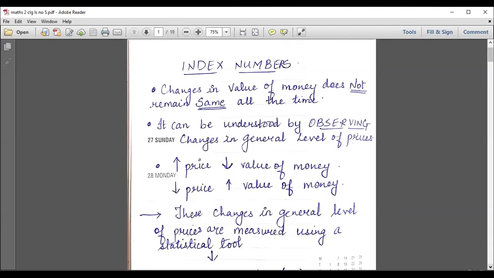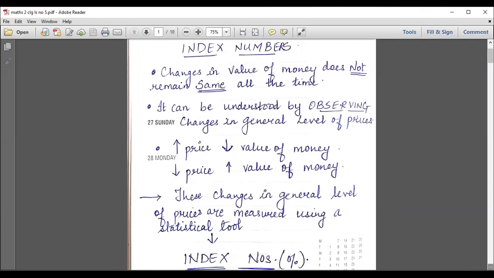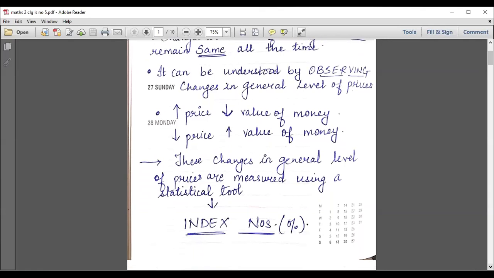In the same way, in the economy, to measure the relationship between the general price level and the value of money, there is a statistical tool, there is an indicator, and that indicator is called index numbers. In the bracket you're seeing, I've put a percentage sign.